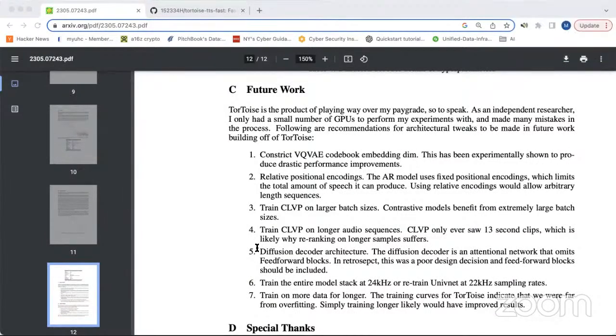Yeah, it uses an autoregressive transformer to generate a sequence of discrete tokens representing the speech spectrogram from the input text, right? And a DDPM that decodes those tokens into high-quality speech spectrogram, and a contrastive model CLVP that scores the output to select the best one. Right.